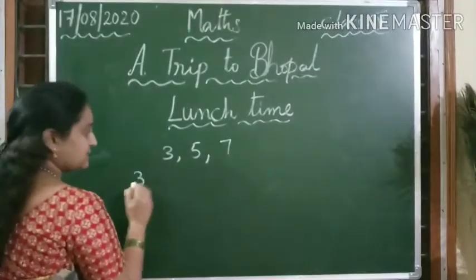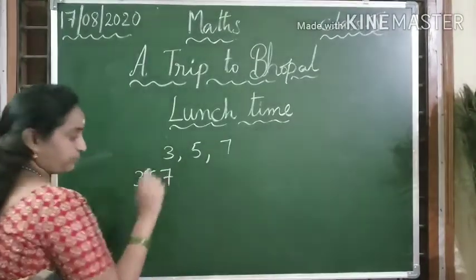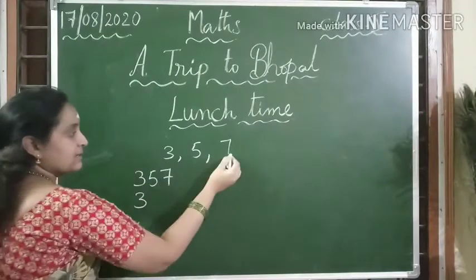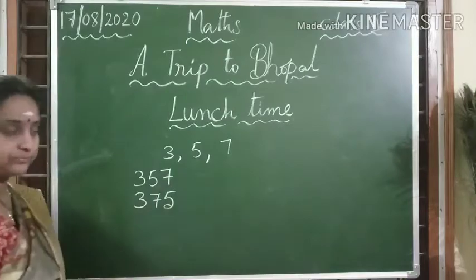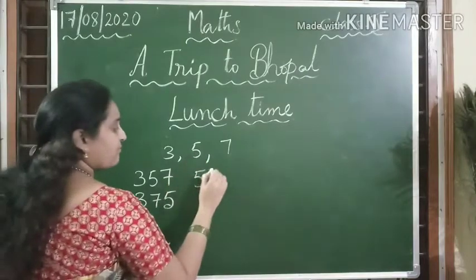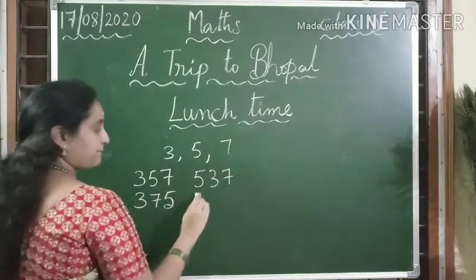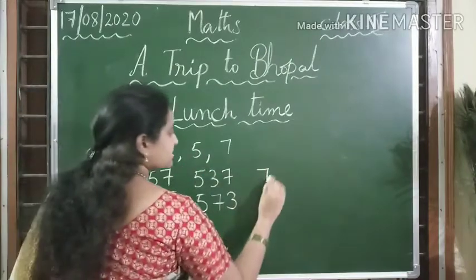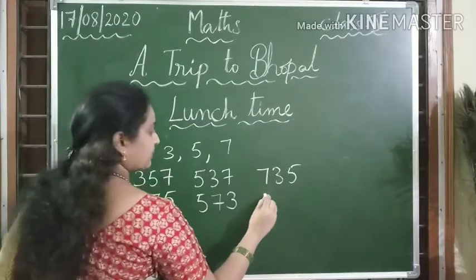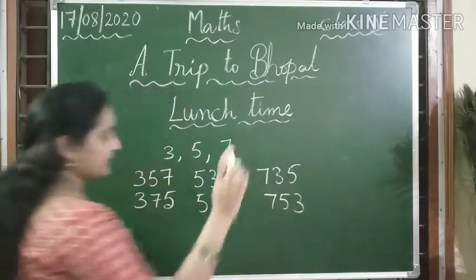First one, 357. Next 3, jumble these digits, 375. Like that 537, 573. Like that 735, 753.